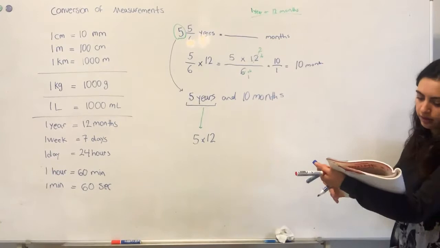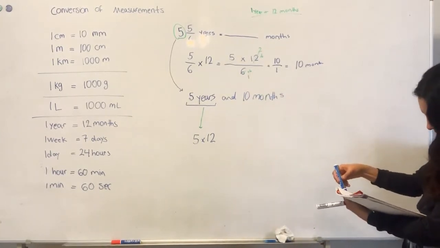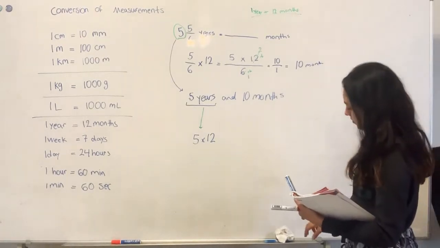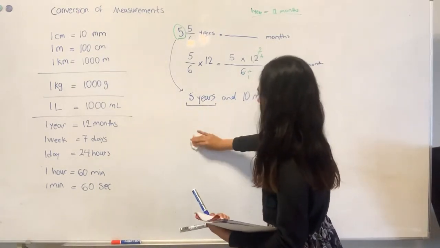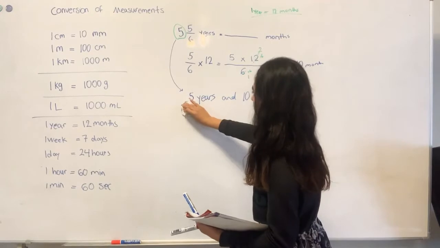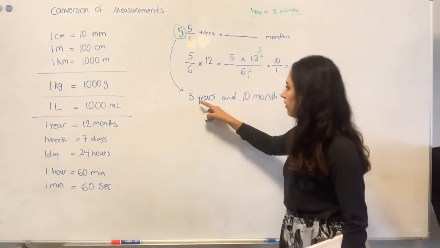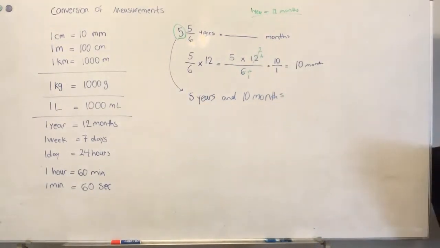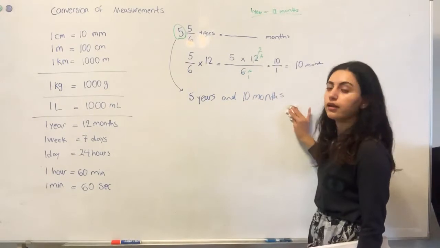Then you get it in months. If it's asking for how many months. So now we have 5 years and 10 months. Let me do another example for you.